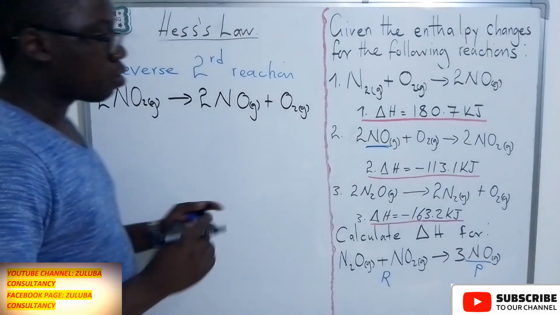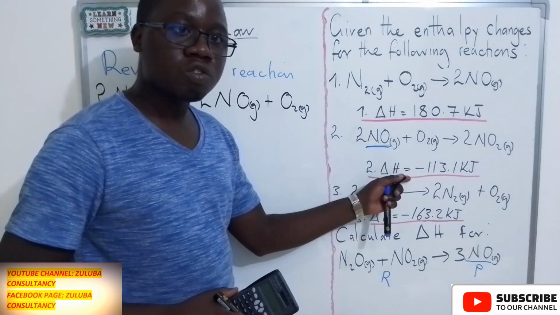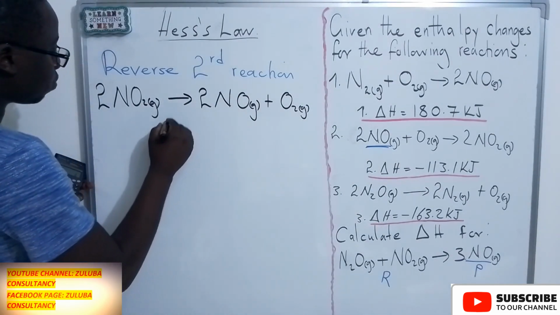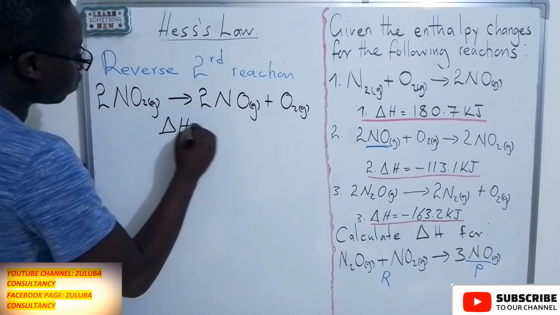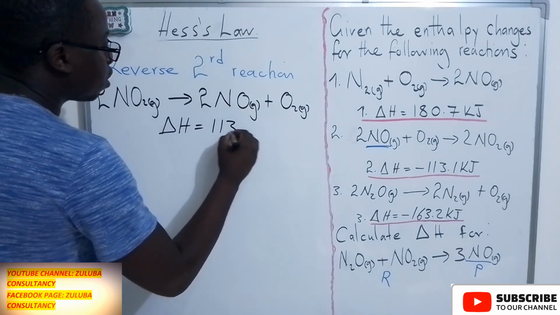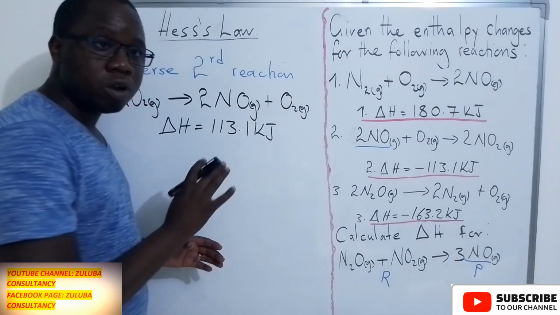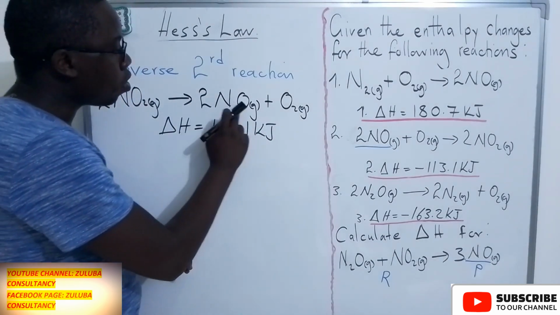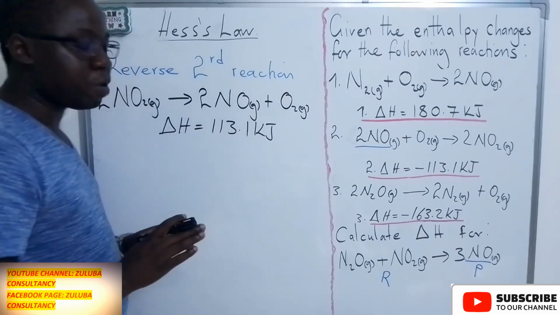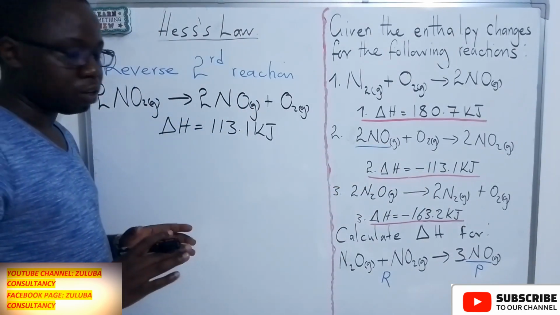Now, when you reverse the reaction, the enthalpy change also is reversed. So the enthalpy change of this reaction becomes positive 113.1 kilojoules. At this point, you can see that now NO is a product and the enthalpy change has been changed. The sign here was negative, now it is positive.